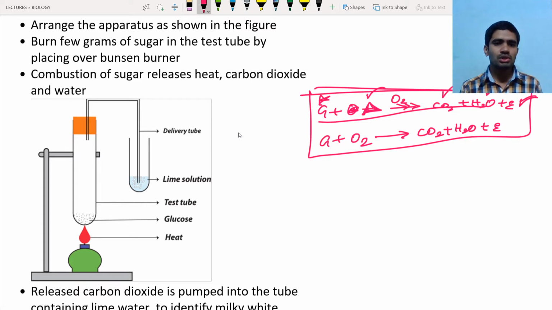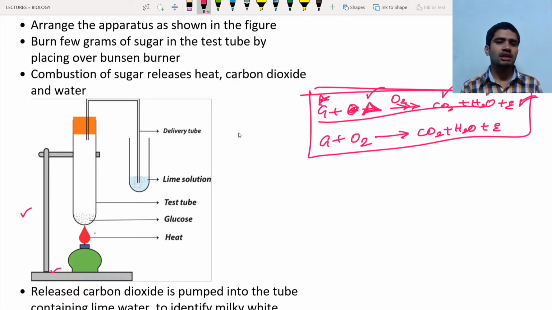To show that carbon dioxide is released during combustion, we set up this experiment. First we take one stand, and on the base we put one Bunsen burner, which is the heat source. You can also take any normal lamp.